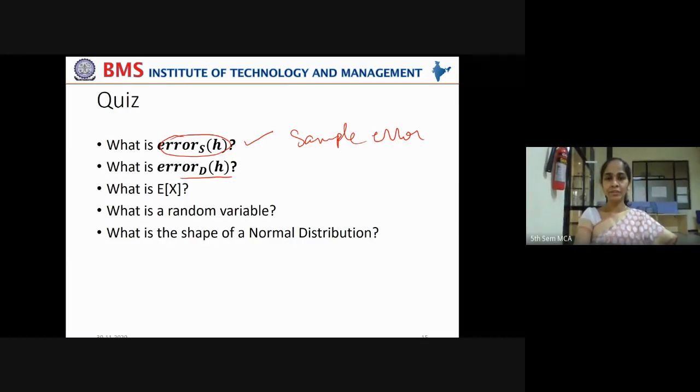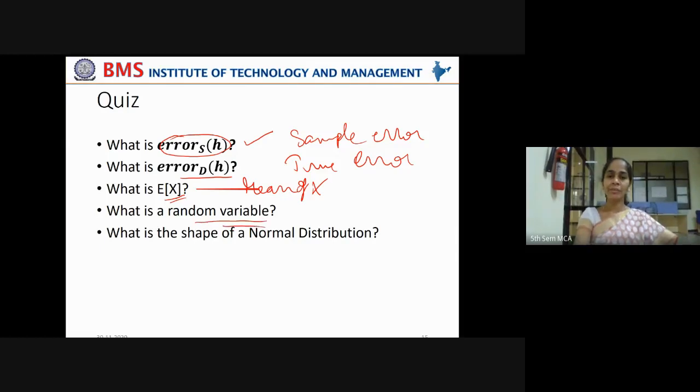Error D of H? True error. Good, true error. What is E of X? When X is a random variable, what is E of X? Expected value of X. What is that? It is nothing but the mean of X, average of X. Whatever values X assumes, take the average of them, that is E of X.